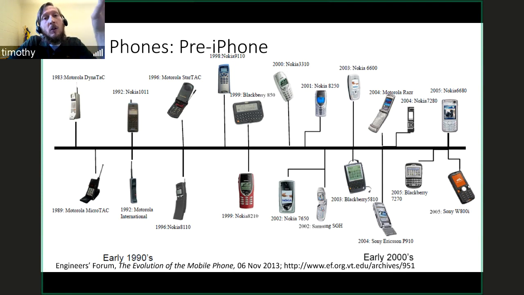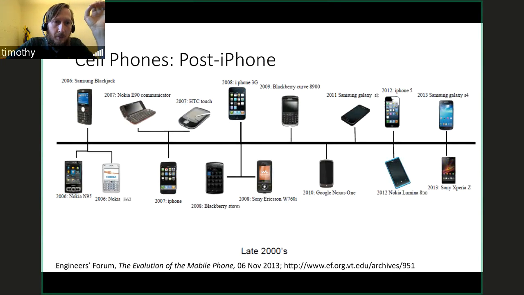And they still look a lot like a house phone, except they now have a little bit larger screen. BlackBerry, again, enlarging the size of the screen, but still keeping the full keyboard. And then we have some other phones that are starting to come along, but all of them pretty similar in design.